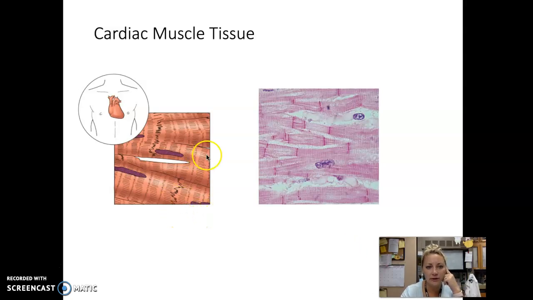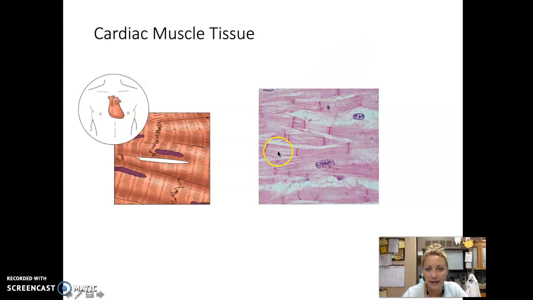So when you look here, there's this jagged edge, and we also see that there's branching. The branching is actually even more prominent over here. So we see the striations, just like we did in the skeletal muscle. There's all these perpendicular lines going up and down like this, striations or lined patterns.